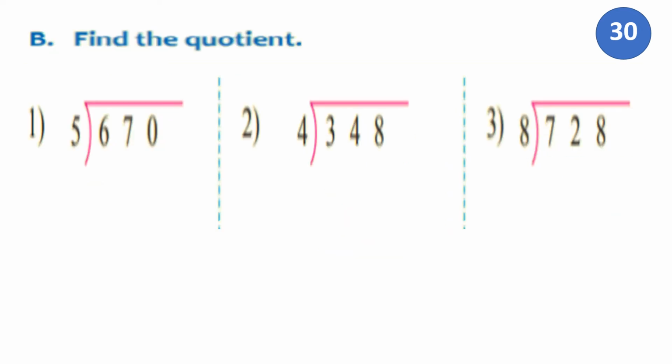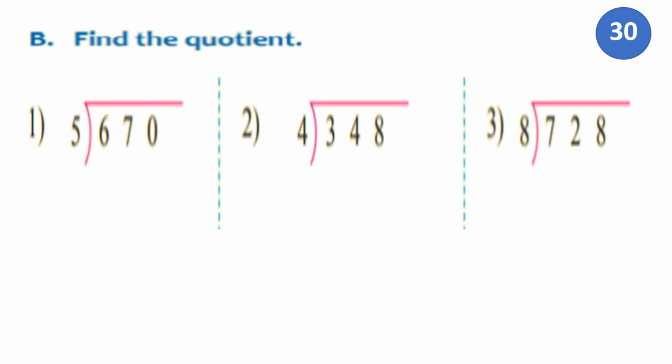Next is part D. Find the quotient, or the answer of division. In number 1, 670 divided by 5. First is number 6. 6 divided by 5.